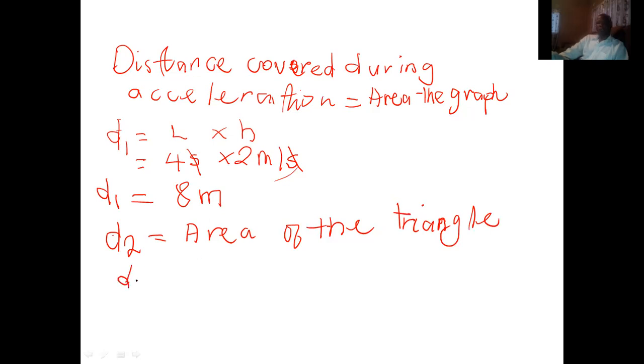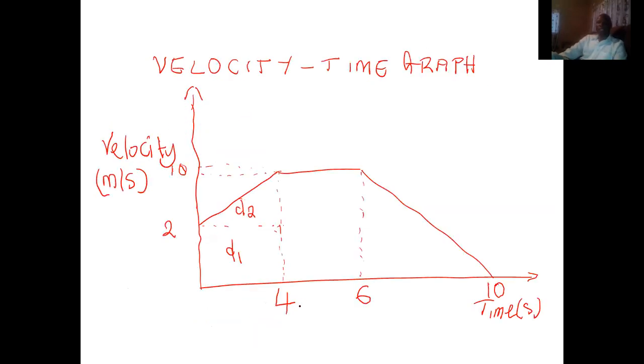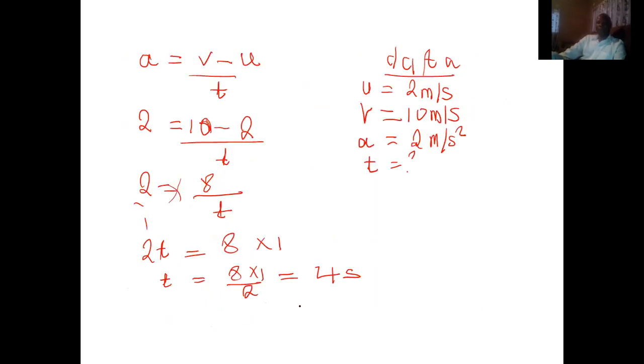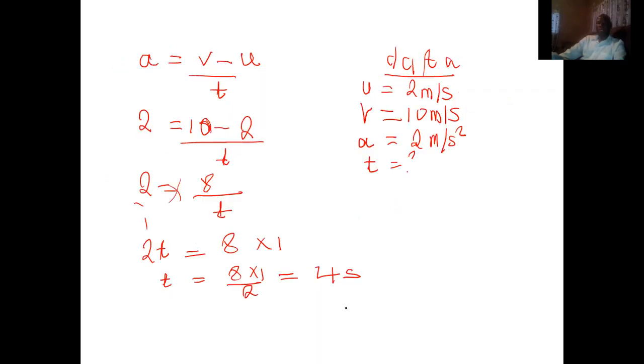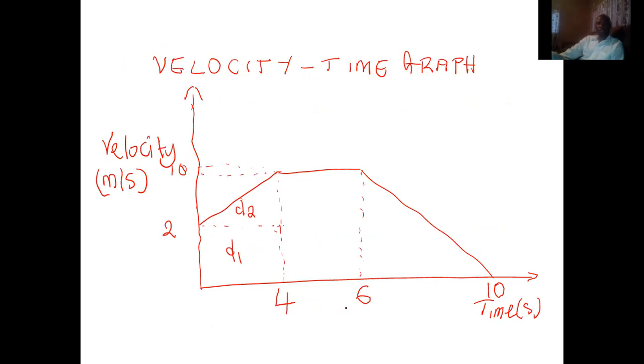So our distance 2 would be equal to half the base multiplied by the height, which is equal to half multiplied by the base, which is 4 seconds, multiplied by the height. If you look at the height of this triangle, it would be 10 minus 2, which is 8 meters per second.